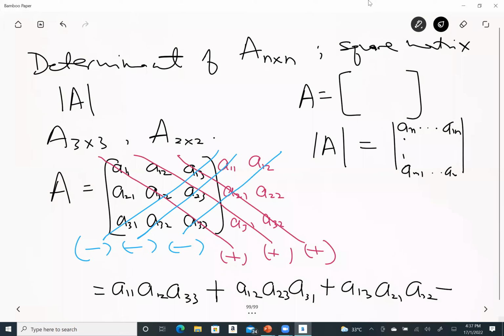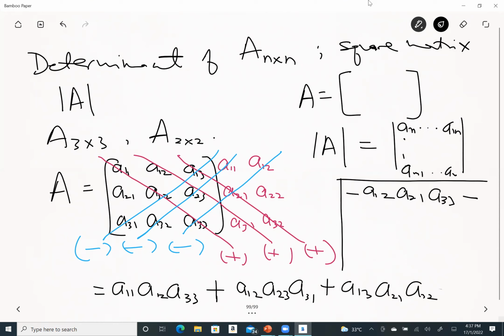minus. You multiply the other terms. I don't have the space, so I put it below: minus A13 A22 A31, minus A11 A23 A32, minus A12 A21 A33.